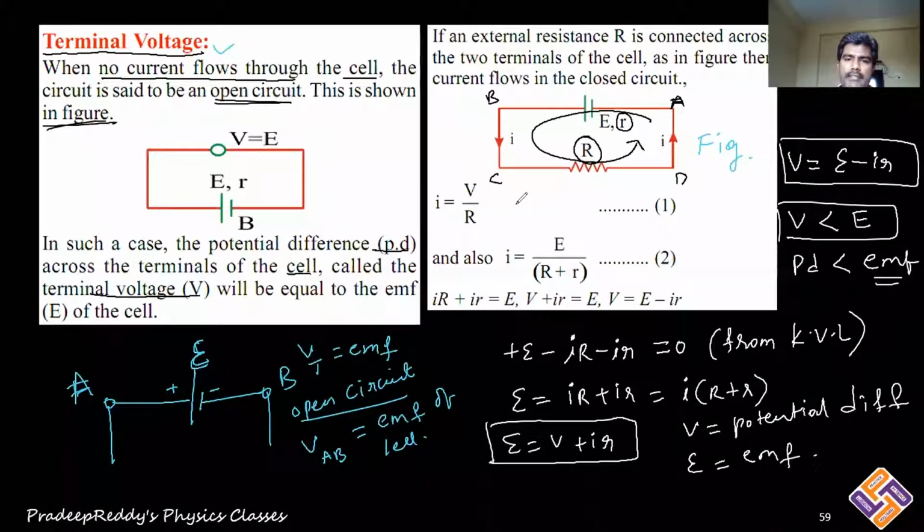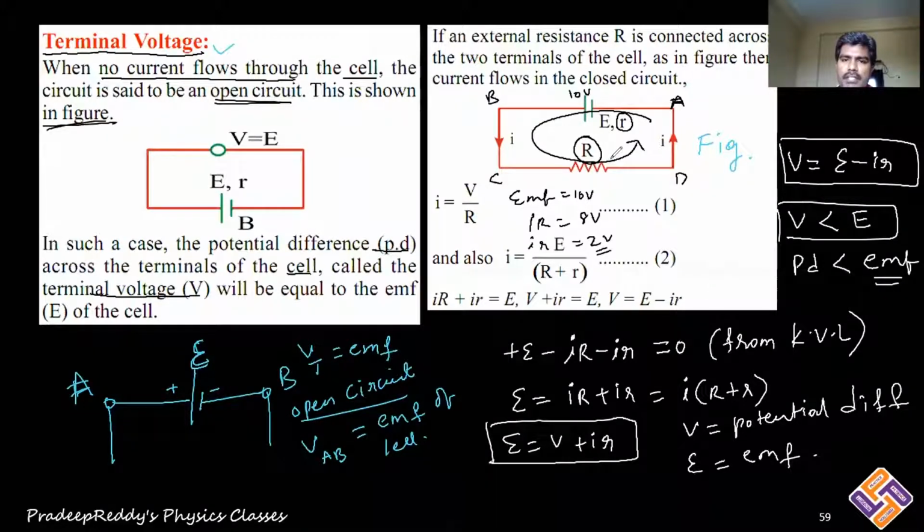Let me take one simple example. Say the EMF is 10 volt. This is offering 10 volt potential difference. Now this 10 volt should be dropped across the capital R as well as the small r. Across capital R, if 8 volt is dropped, across small r, 2 volt is dropped.